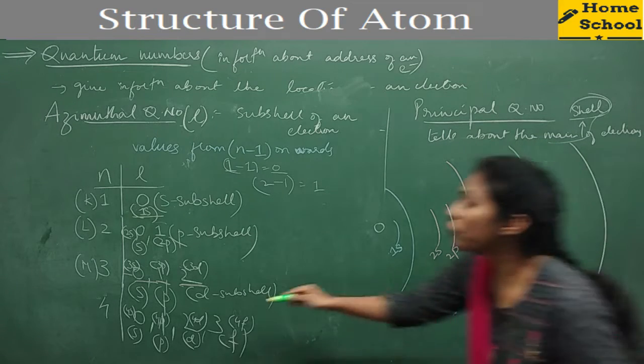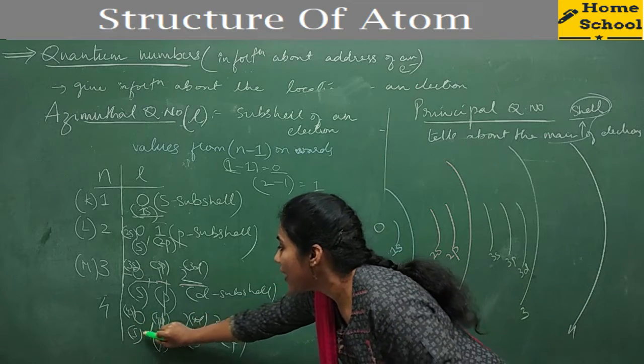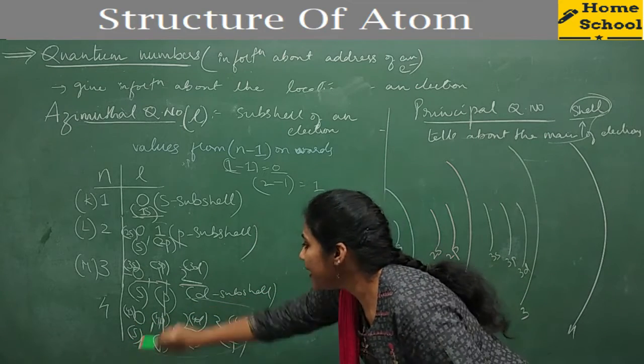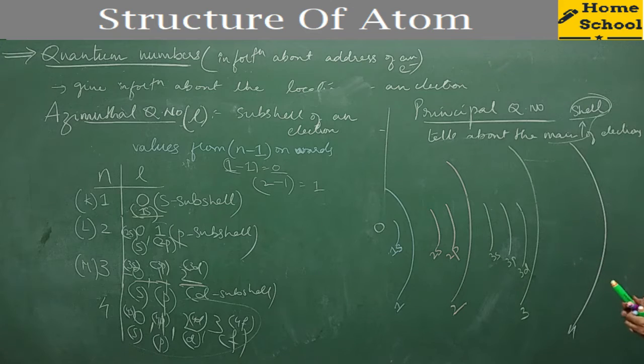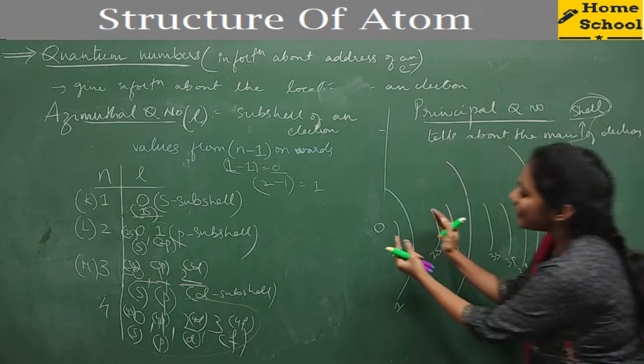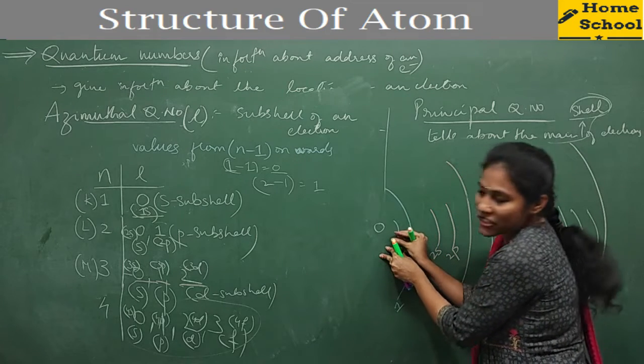And coming to the fourth main shell, how many subshells do you find here? 4, right? What are their names? They are 4s, 4p, 4d and 4f. So like this, in each region again subregions are there.